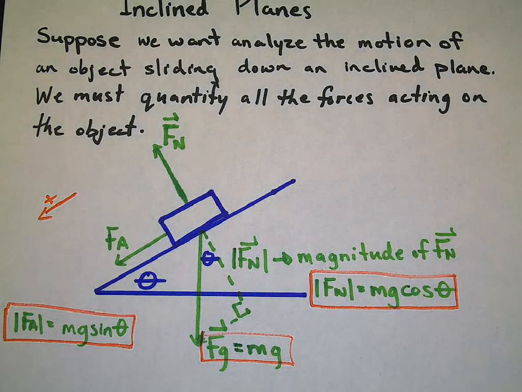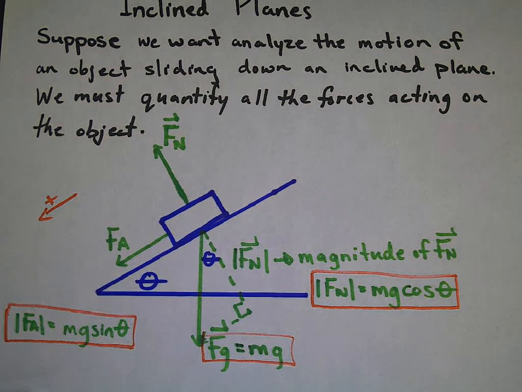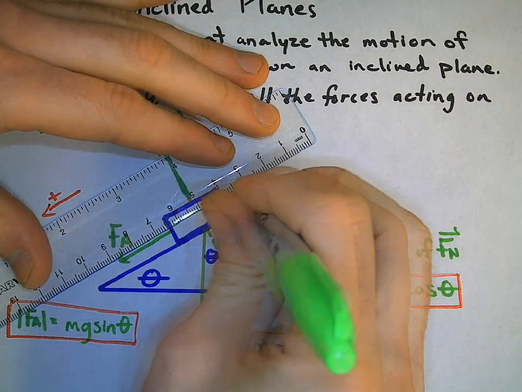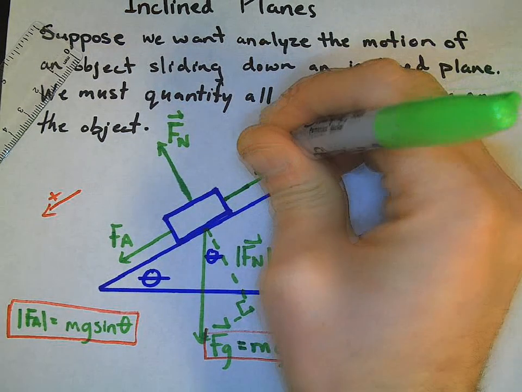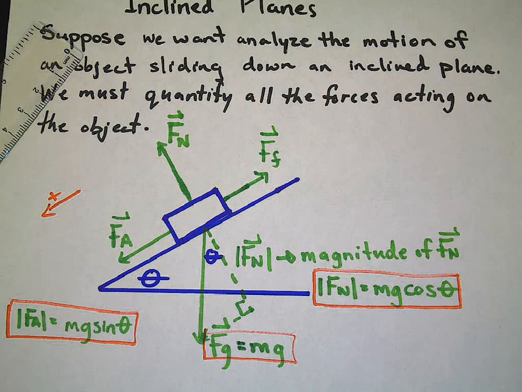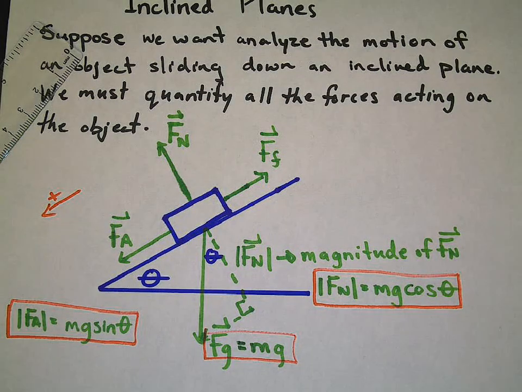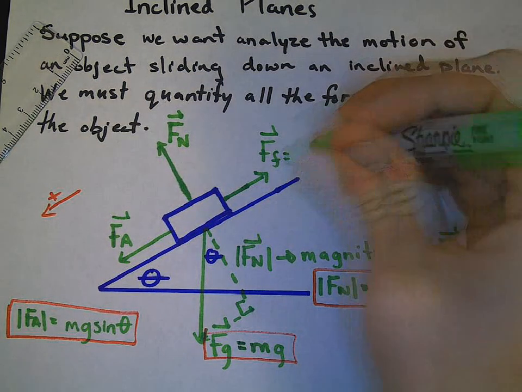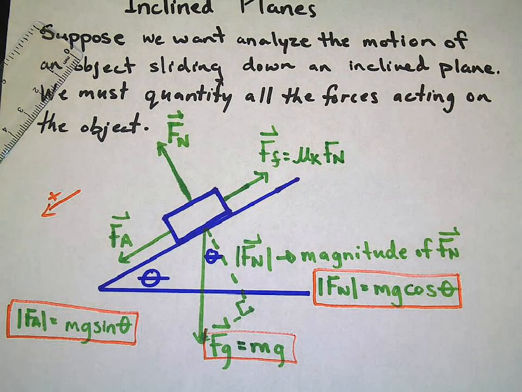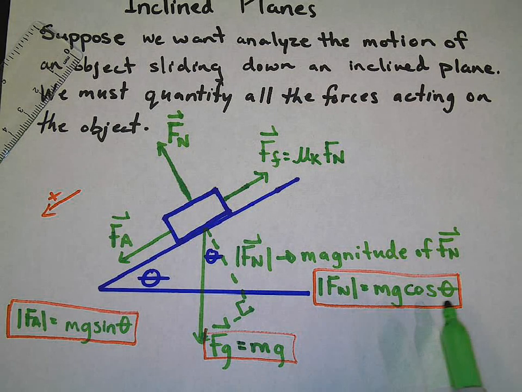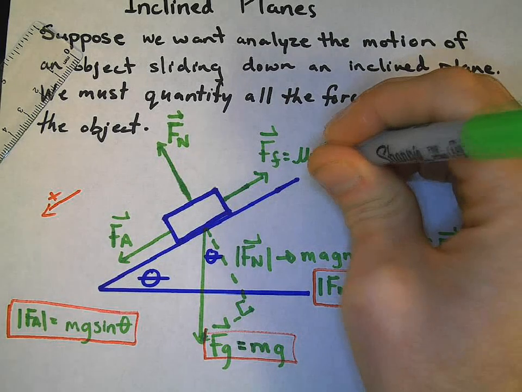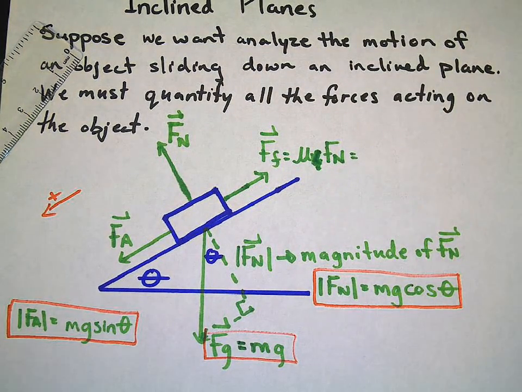What else acts on the object as it slides down the plane? And we know also that we have the force of friction acting against the movement down the plane here. And we know that this is solved by mu k Fn, our magnitude. Well, look at this. We know our magnitude of Fn, so that means our force of friction, sorry, this should just say mu, because I haven't defined it as kinetic or static friction.